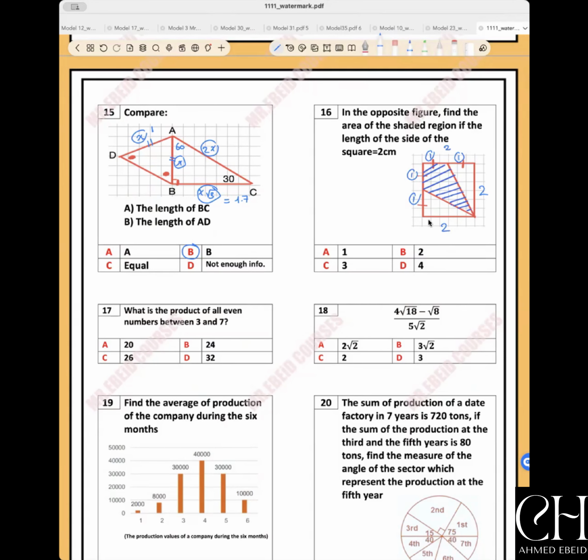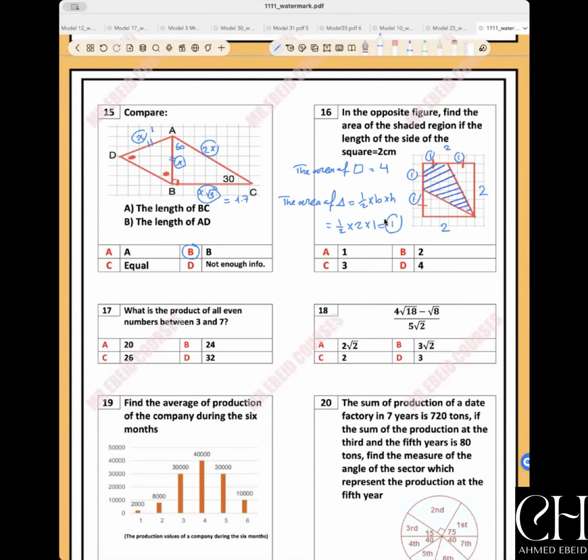To find the area of the shaded region, you find the area of the whole square minus the area of the two triangles. The area of the square is side squared, so it's 2 times 2, which equals 4. The area of a triangle is half times base times height, so it's half times 2 times 1, which equals 1.